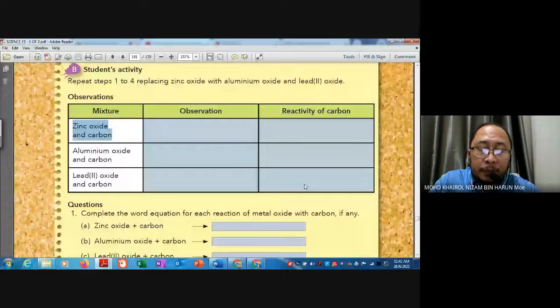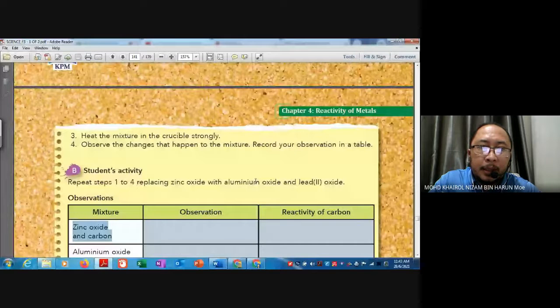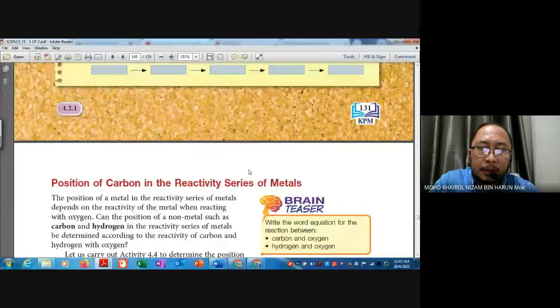So from here we can arrange the reactivity series of metals in which carbon is put between zinc and aluminium.